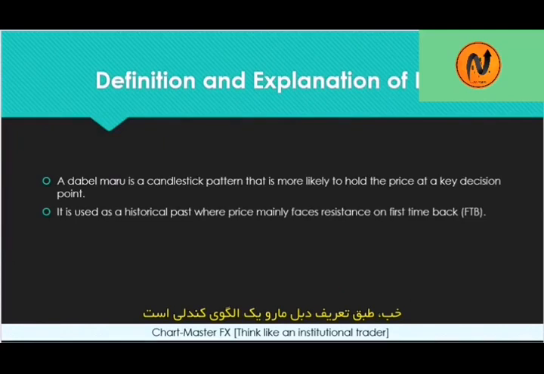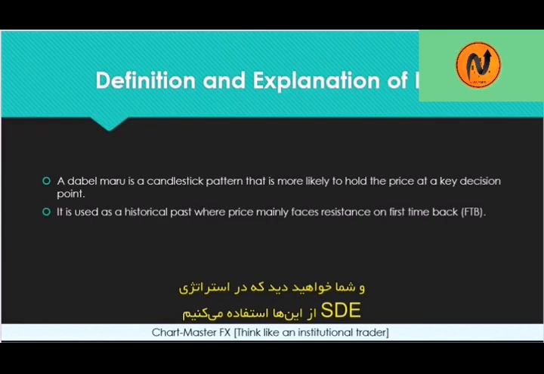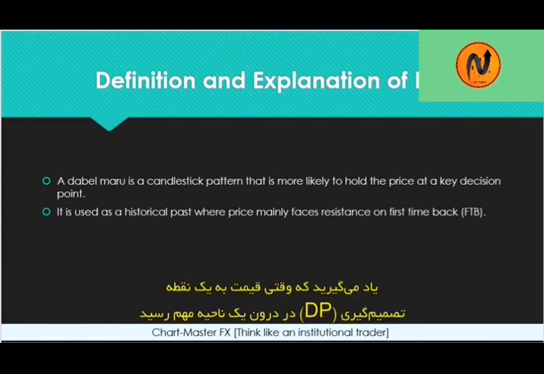By definition, a Dabel Maru is a candlestick pattern that is more likely to hold the price at a key decision point. You will see that as we do the significant demand engulfment, once the price reaches a certain decision point inside the golden zone, there may be multiple decision points inside there.